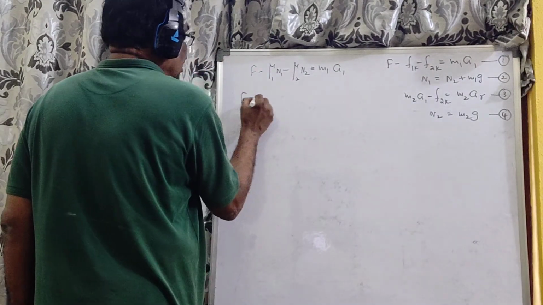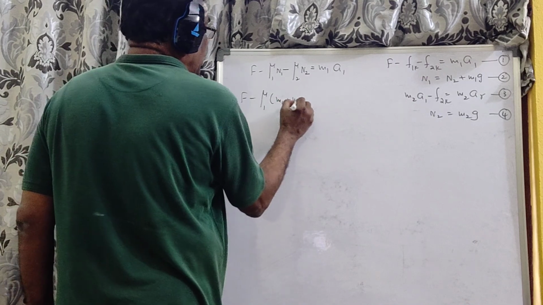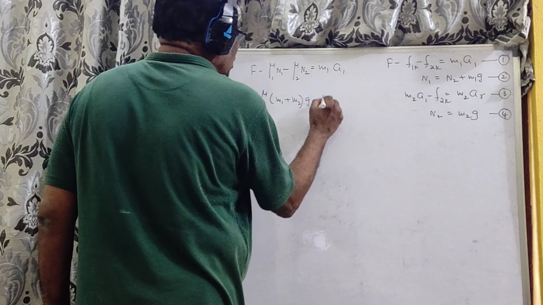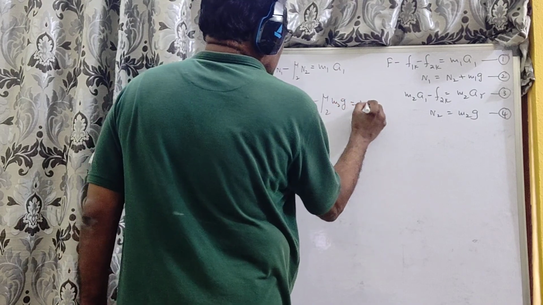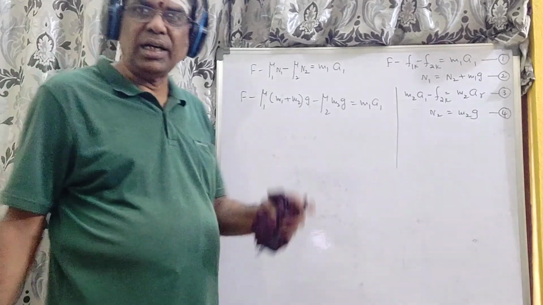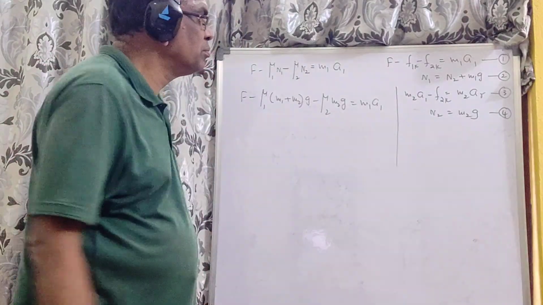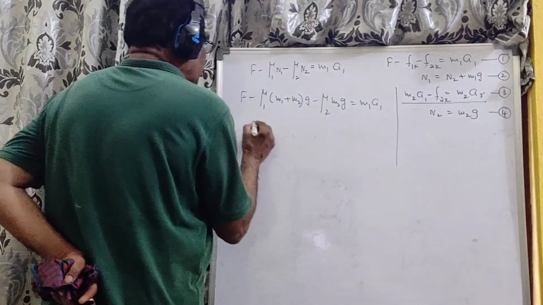I am writing F1 minus mu1 into M1 plus M2 into G, minus mu2 N2, where N2 is M2G. This is M1A1. First of all, I'll try to find out AR. How do I get AR from this?